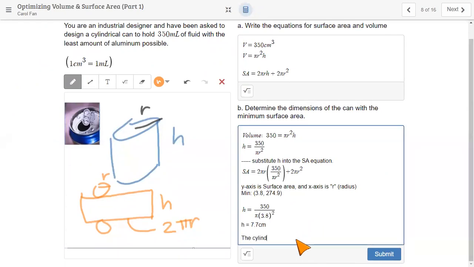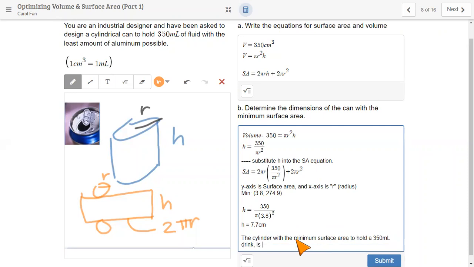Right, now we have the dimensions. The cylinder with the minimum surface area to hold a 350 milliliter drink is 7.7 centimeters high with a radius of 3.8 centimeters.